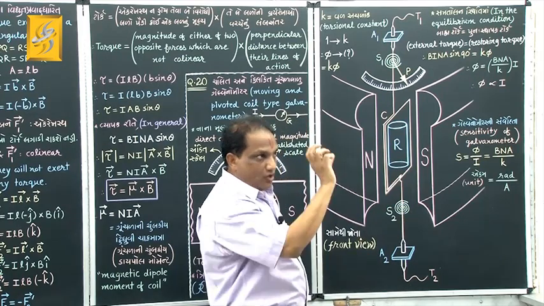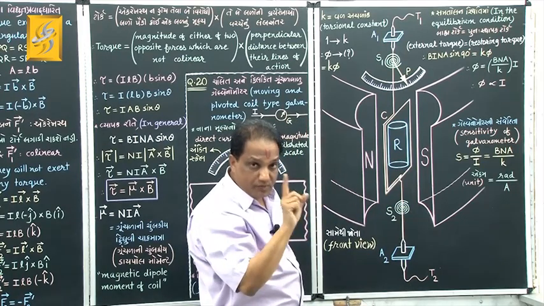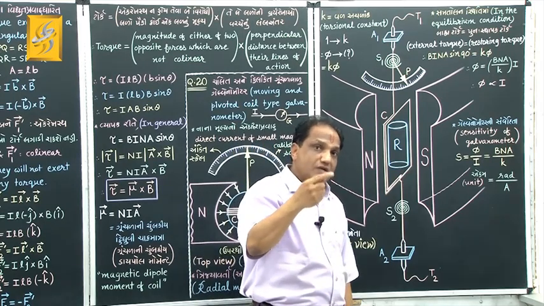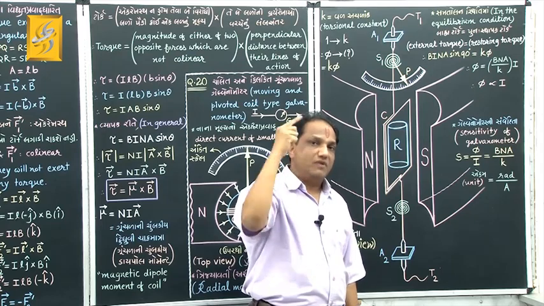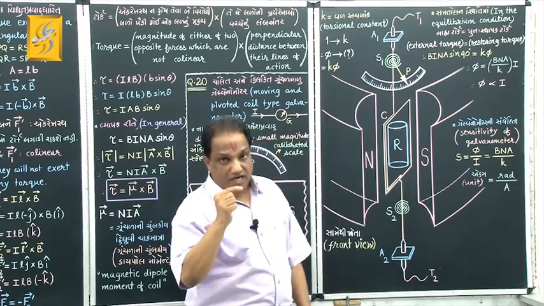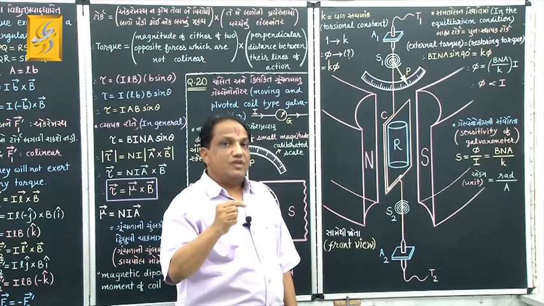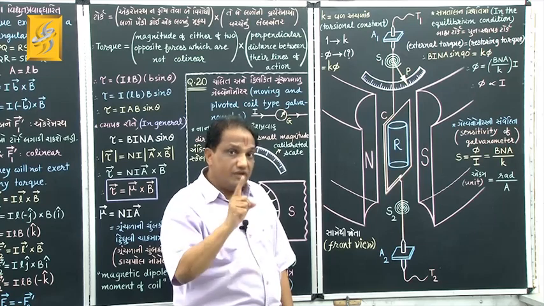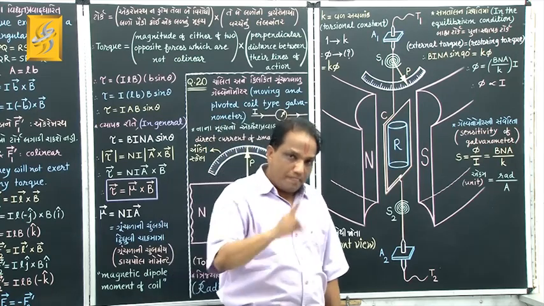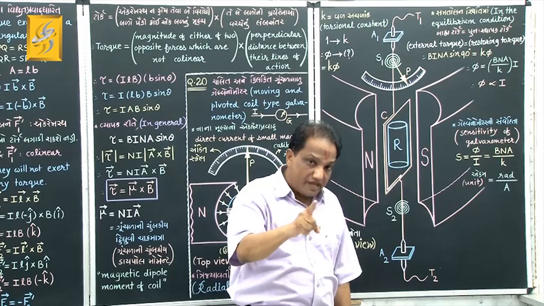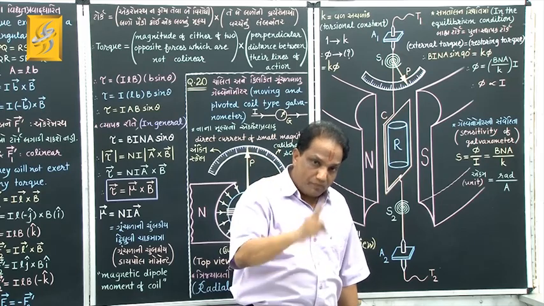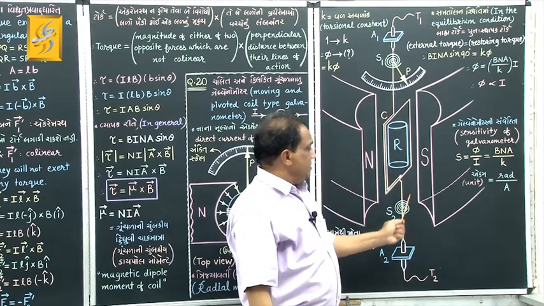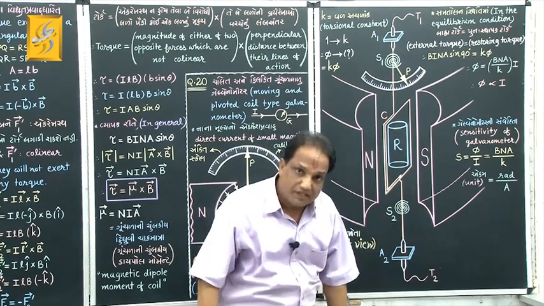Because of the twist produced in the spiral springs, some restoring counter torque is developed in the springs. That counter torque is such that when you remove external torque, with its help the coil will restore its original condition. That's why we call that counter torque the restoring torque. So because of the property of elasticity, some restoring torque is developed in these two elastic springs, correct.